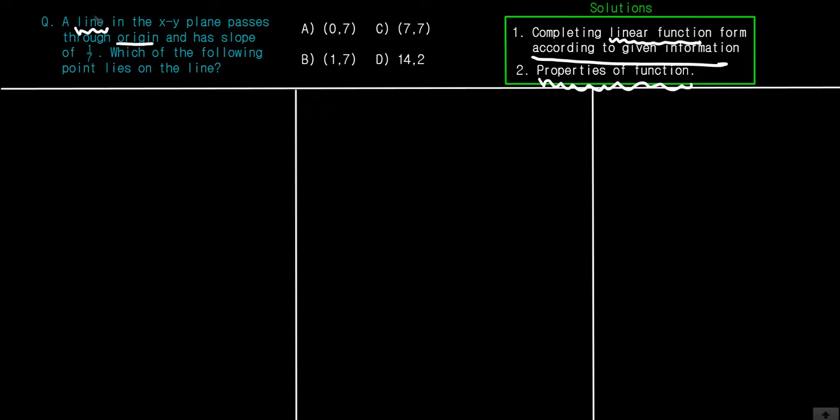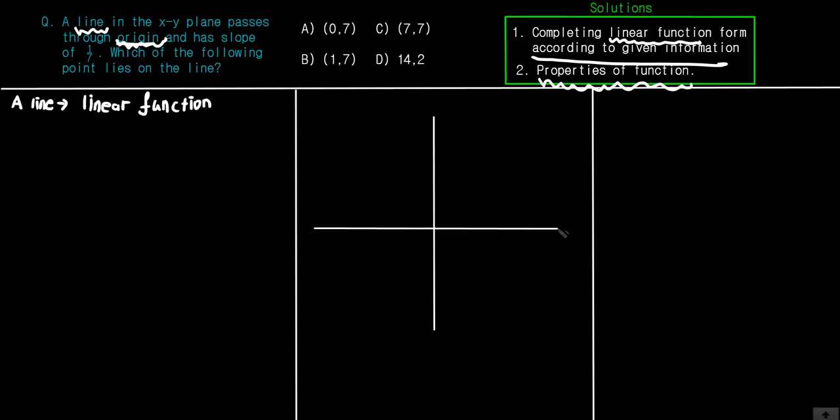At first, a line in the xy plane. If you write down a line, that means it is going to be a linear function. And also, let's think about more things: that it passes through the origin. That means let's draw a coordinate plane right over here. Passes through the origin means it passes through the origin point, which in this case is (0, 0).